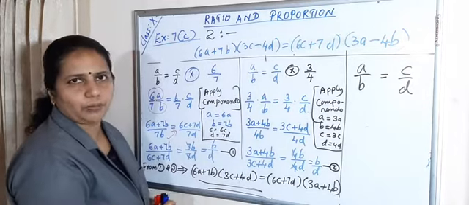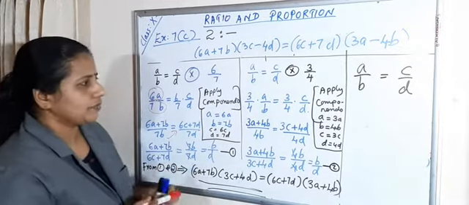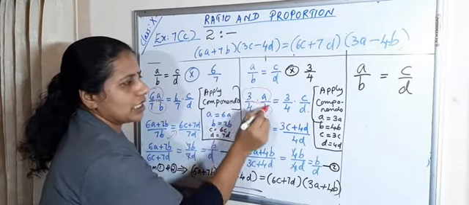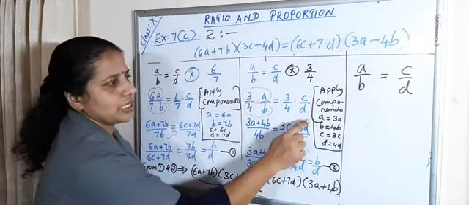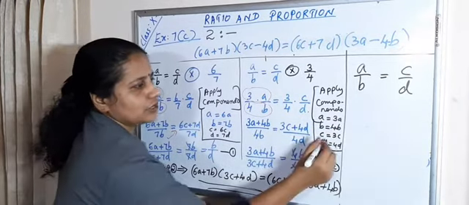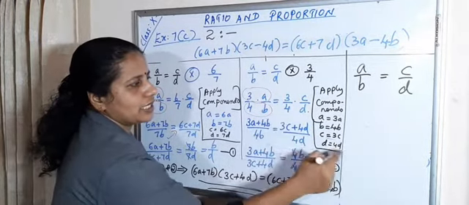Now apply componendo. Here A is equal to 3A and B is equal to 4B, C is equal to 3C and D is equal to 4D.